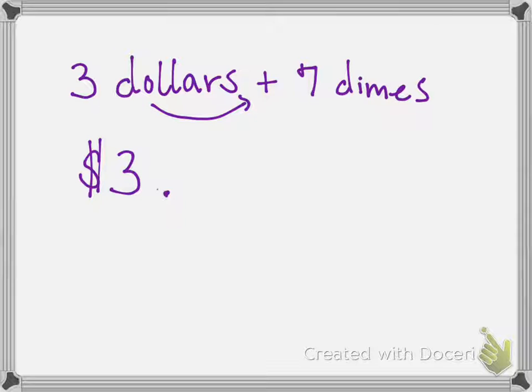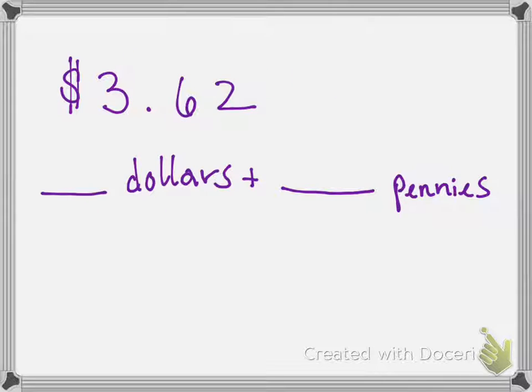And then we have dimes, so that's our tenths, so that's going to go here. 7. But I don't see any pennies. So that just means we have 7 dimes, and 7 times 10 is 70. So we have $3.70.